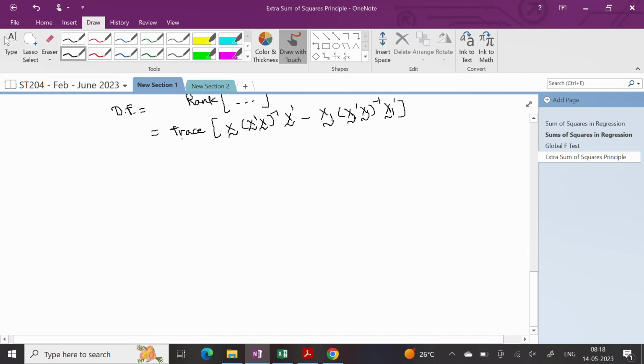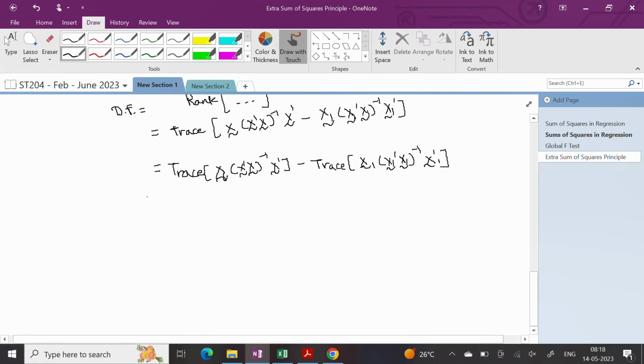So what is this? This I could write as trace of the first matrix minus trace of the second matrix. So trace of X prime X whole inverse X prime minus trace of X1 prime X1 whole inverse X1 prime.